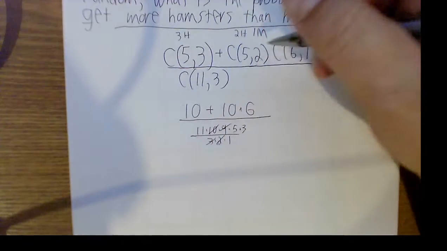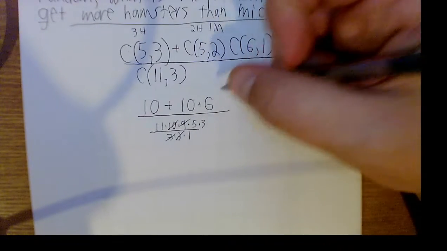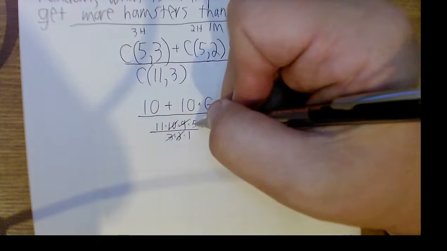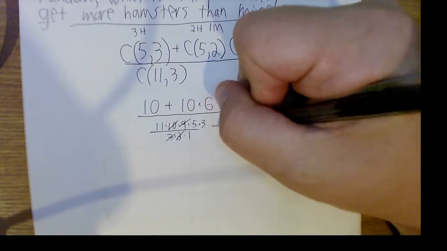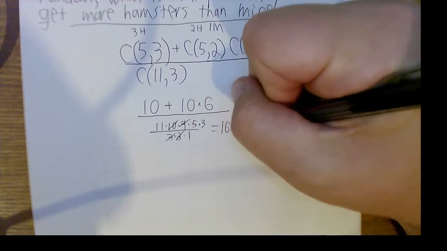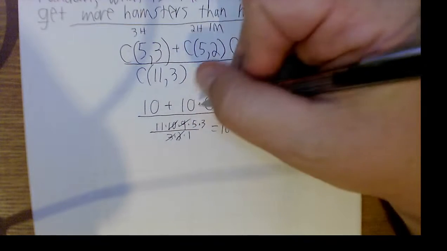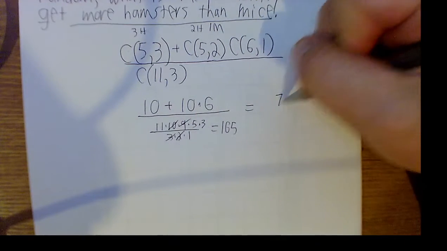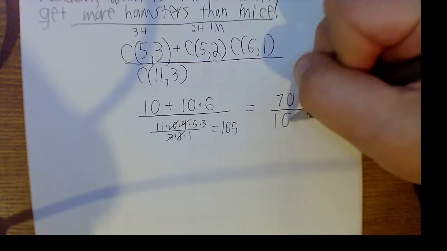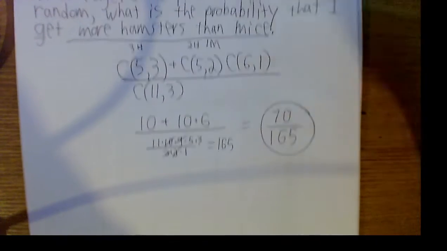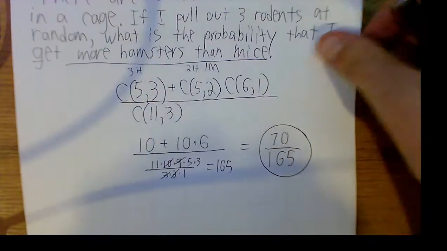That would be equal to 11 times 5 times 3, which is equal to 165. So if we clean this up, we get 10 plus 10 times 6 is 60. So that's 70 divided by 165. And that's the probability of getting more hamsters than mice.